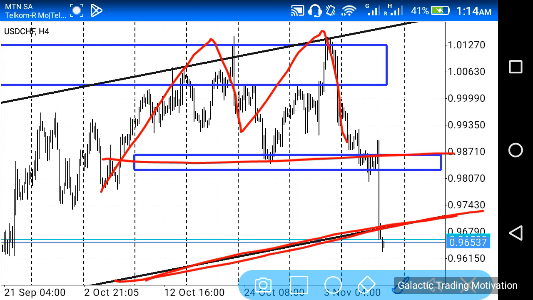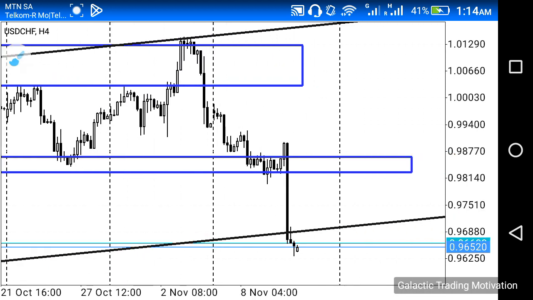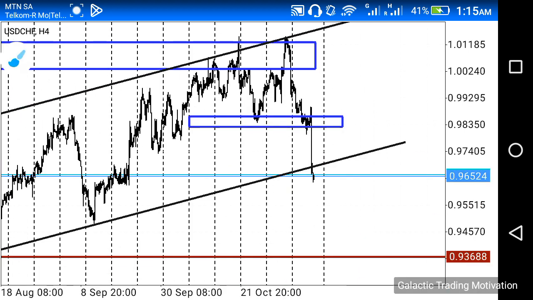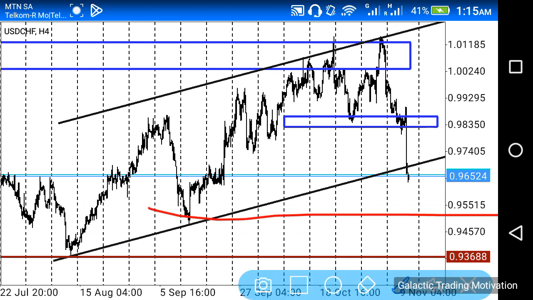And at this point in time, what I expect to happen next really is for the market to head back to the trend line to test it, and at the trend line more or less is where we should be looking for potential selling opportunities, right? And as I said, our first take profit should be this zone over here, and our next take profit should be the zone over here, right?